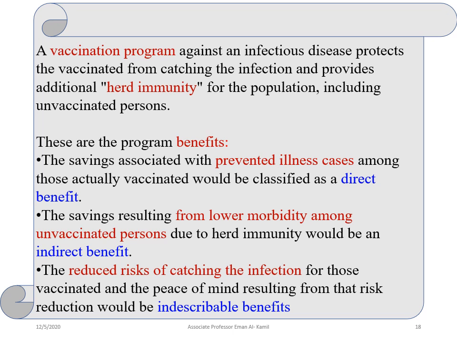For example, a vaccination program against an infectious disease protects the vaccinated from catching the infection and provides additional herd immunity for the population, including unvaccinated persons. We have a vaccination program; when we give vaccination to the children, they will be protected from the infection.